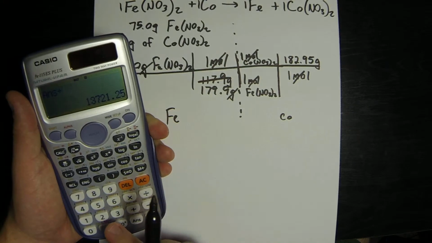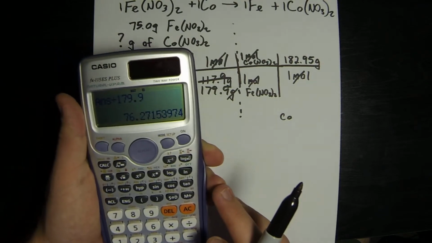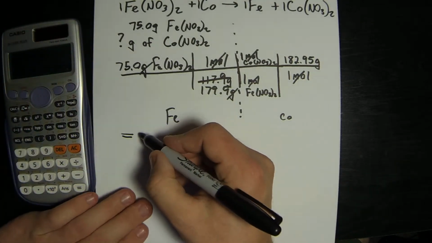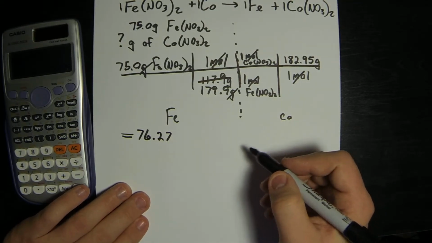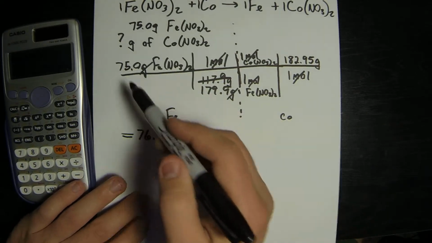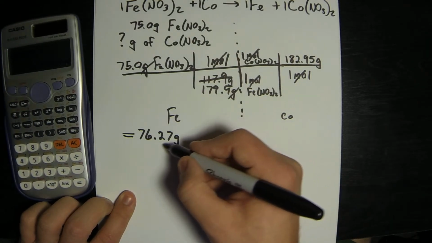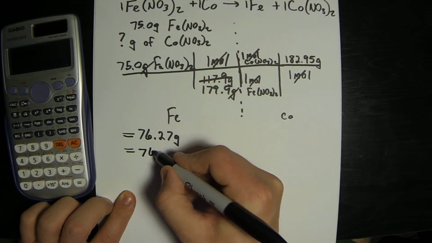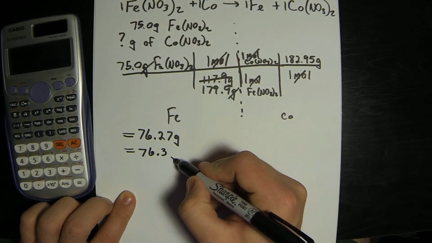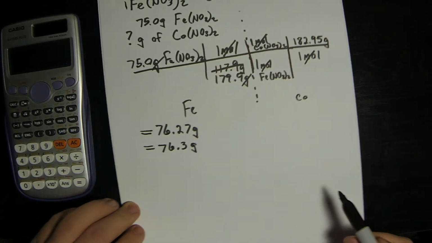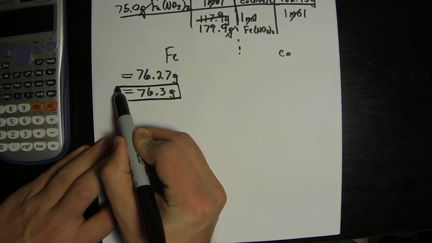I'm just going to divide by 179.9. That gives 76.27 grams. But we're not done because we're not good with sig figs at the moment. To make this correct with sig figs, we have 3 up here, so 76.3 grams. That 7 makes that 2 round up. And this is our answer.